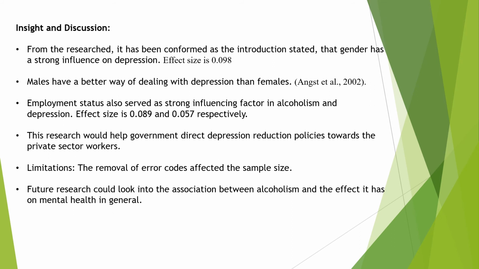That's why males have a lower percentage when it comes to depression. Males can go out and play football, games, a lot of fun activities which kill off the depression, unlike females who like to keep it to themselves and not seek treatment. That's what, according to Ant et al. 2002, was suggested. Employment status also served as a strong influencing factor in alcoholism and depression in the United States.